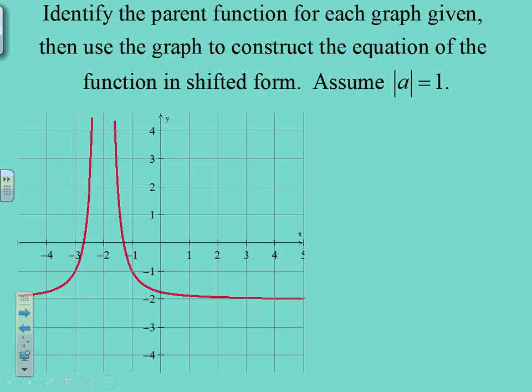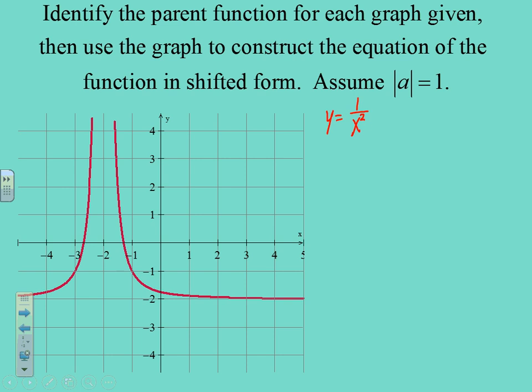Now here, what it's asking you to do, a very similar type of skill that we practiced before, is what are the transformations that occurred to produce the graph that you see here. So the parent function that produces something that looks like this is 1 over x squared, the reciprocal squared function.